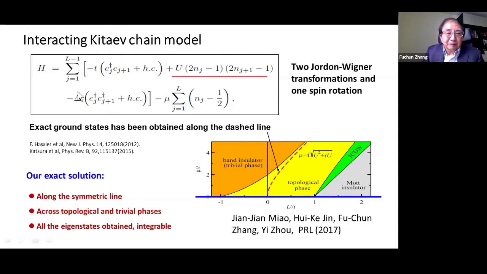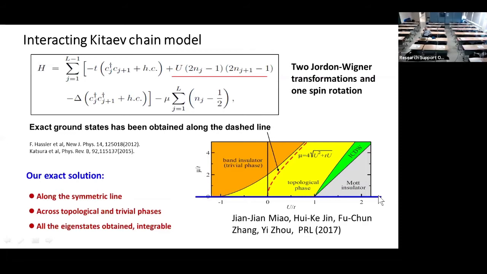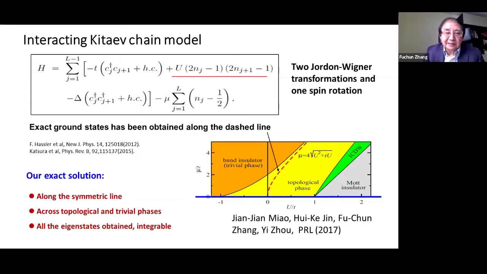In the symmetric point, you get this bilinear term. Then you do the Jordan-Wigner transformation and a spin rotation, some mathematical technique, which led to the exact solution. I see. So you treat this interaction exactly. Yes, this is an exact solution.